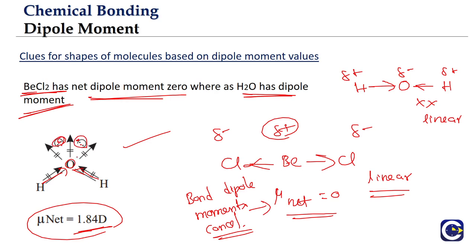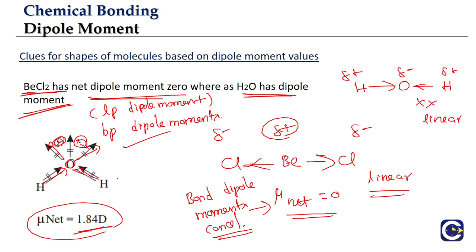So there will be lone pair dipole moments as well as the bond pair dipole moments. What we see here is that the non-linear structure will mean what?